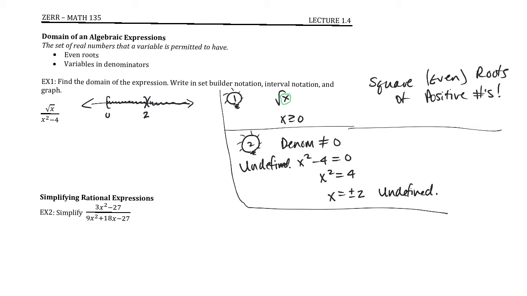So in set notation, it's all the x's such that x is greater than or equal to 0, and x cannot equal 2. Negative 2 wasn't an issue anyway, because x can't be negative from the first condition. We could write that in interval notation from 0 to 2, skip over 2, and head off towards infinity.